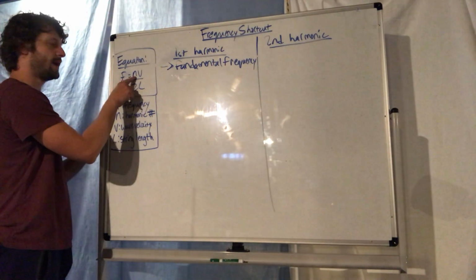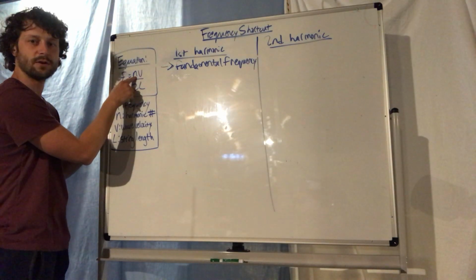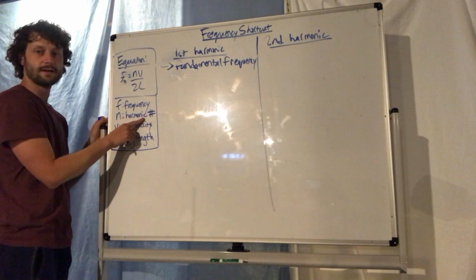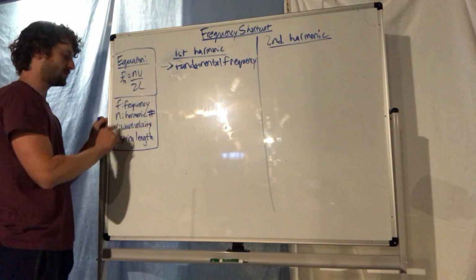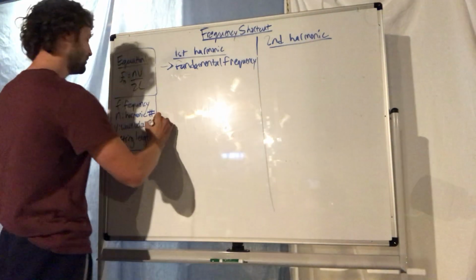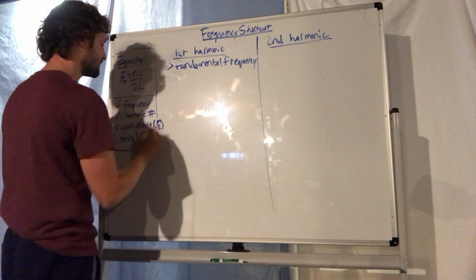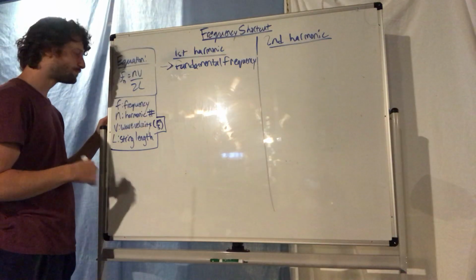Alright. N is the harmonic number. If you're in the 2nd harmonic, make N equal to 2. 3rd harmonic, make N equal to 3. I think it's written there. And we talked about F is frequency. V is the wave velocity, and the unit of that is meters per second. It's a distance over a time, kind of like miles per hour.